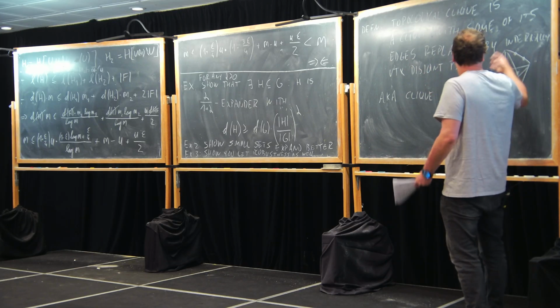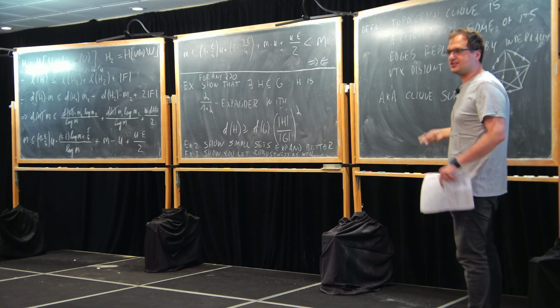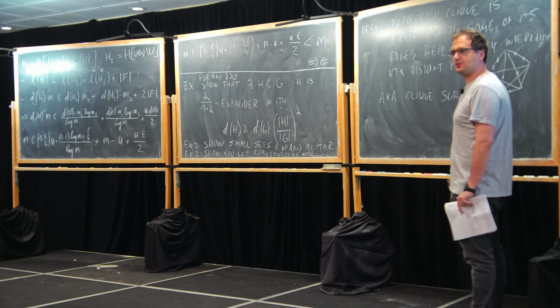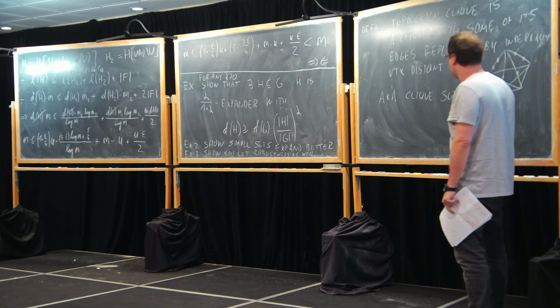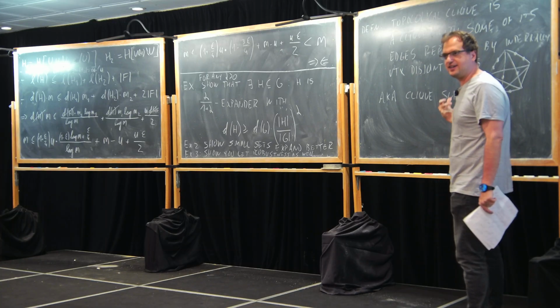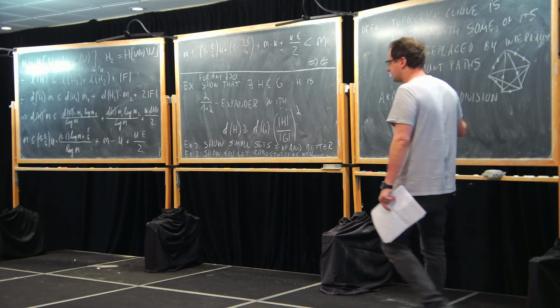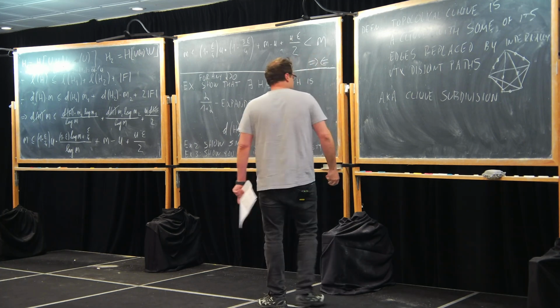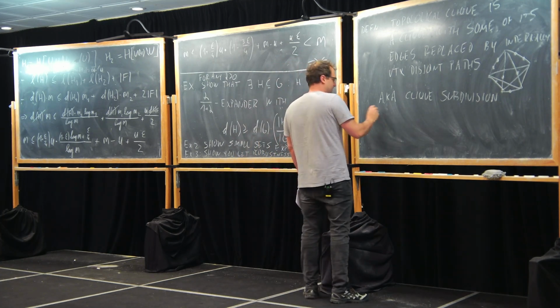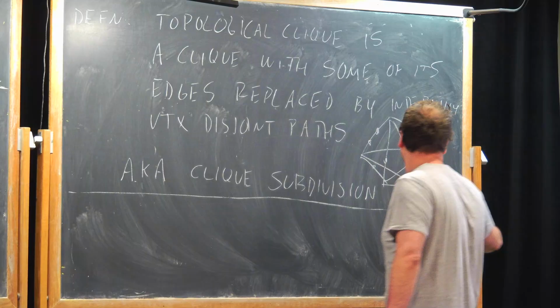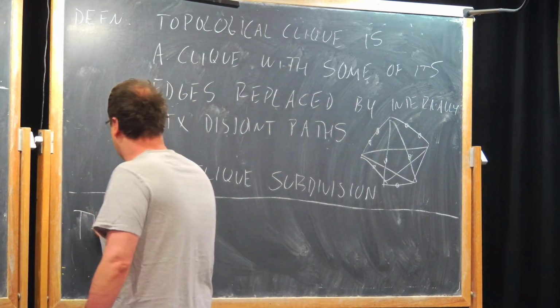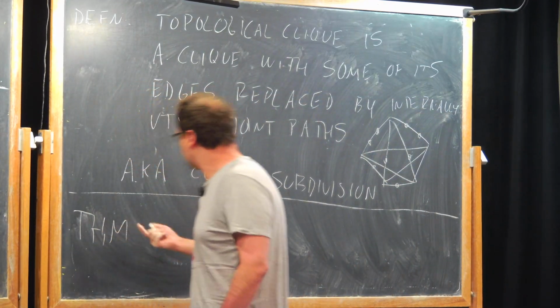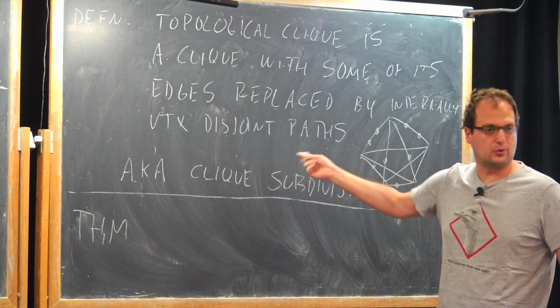So how about trying something which has some properties similar to a clique, but is a bit weaker, looser, and try to find that. This was a question that was asked independently by Erdős and Hajnal and Mader in the 60s, and then solved by Bucić and Thomason. I'll not write the question, I'll just write the theorem, which tells you that it's actually true that you get these at much lower densities.